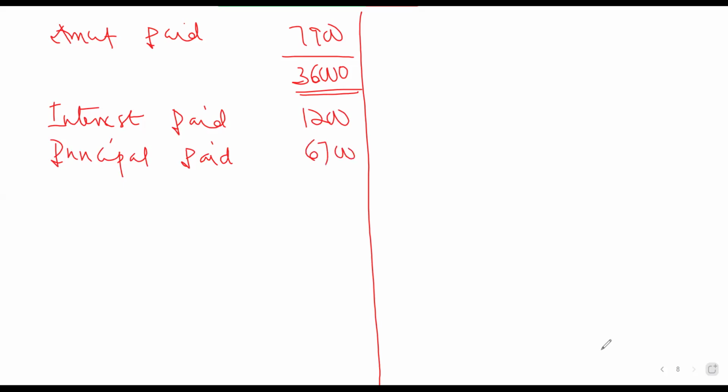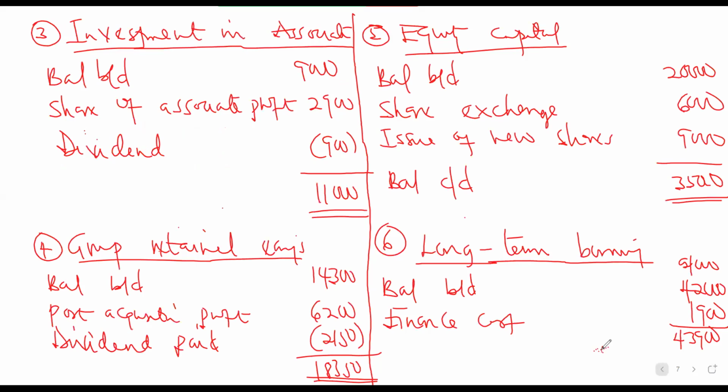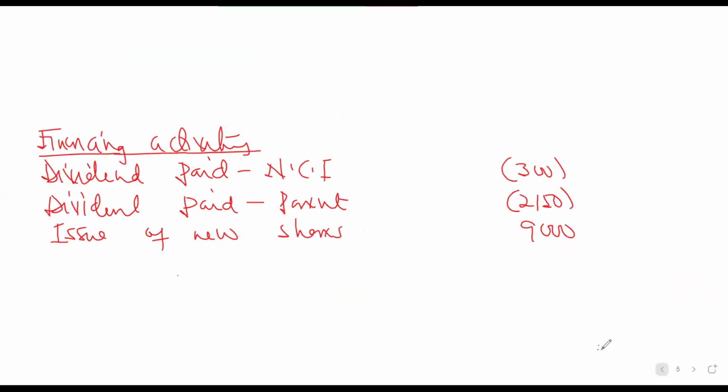So the 6,700 will be treated as redemption of loan, and that is the cash that we are paying for that. That will be 6,700 as an outflow under the financing activities.